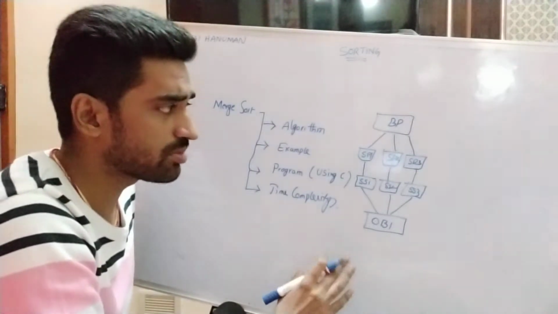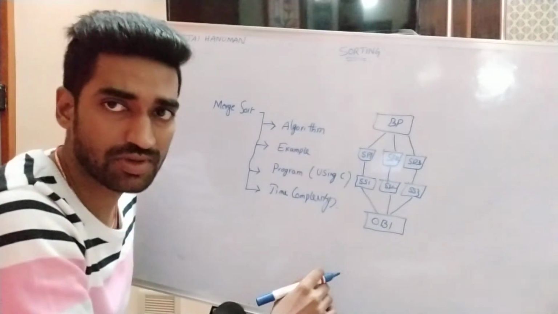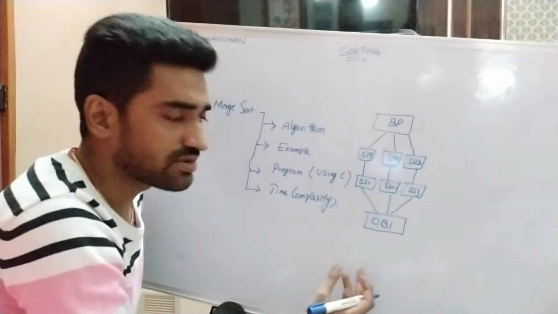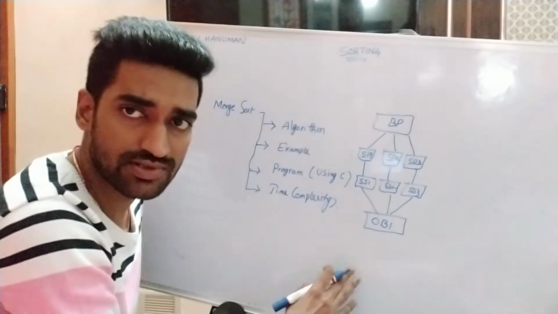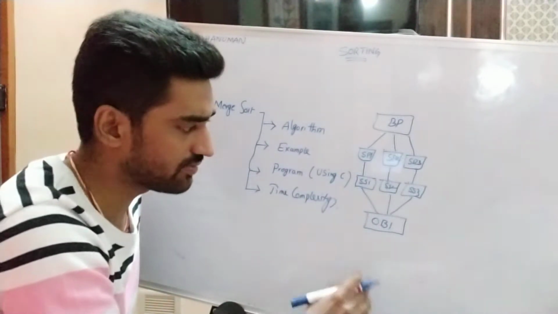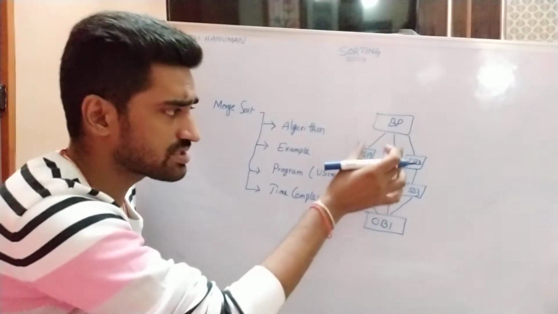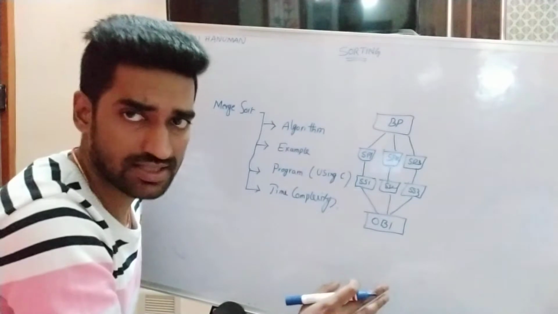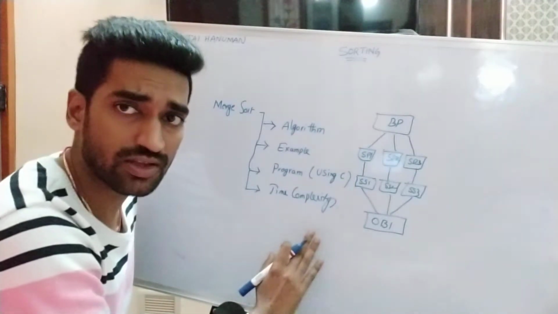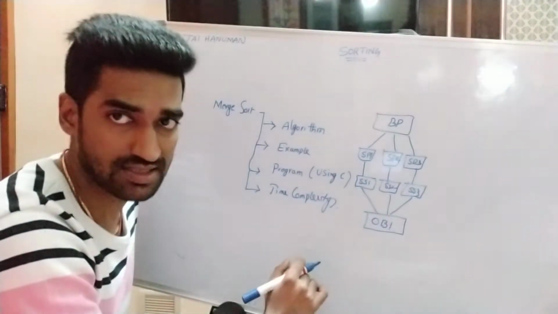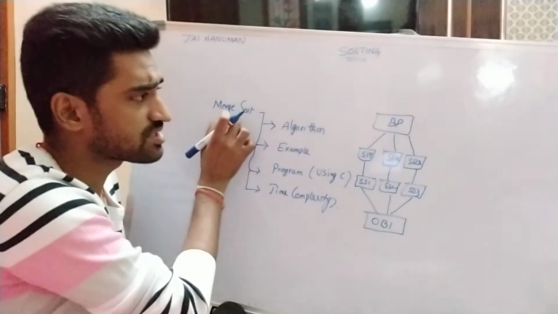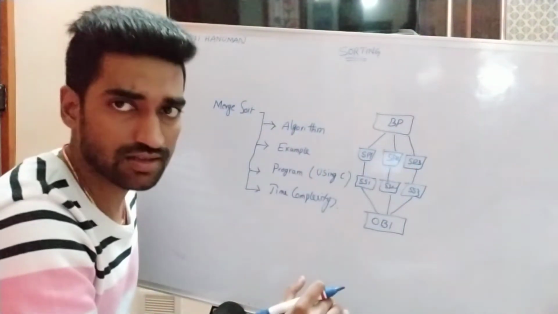So the entire big problem can be divided into several sub-problems. Finally, we find the sub-solutions, integrate all the sub-solutions, and get the original solution to the given problem. What are the major applications for this divide and conquer strategy? Binary search, quicksort and merge sort. So merge sort comes under which strategy? Divide and conquer strategy.